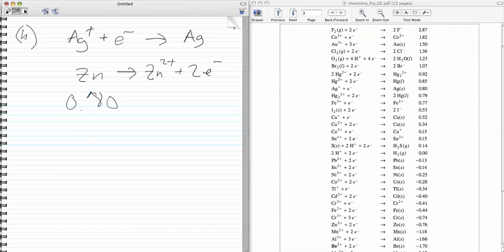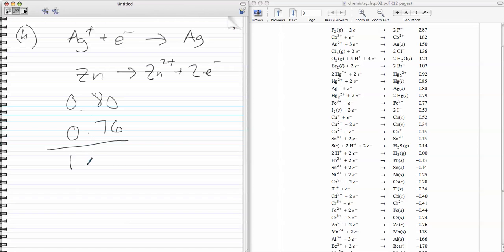And then the reduction potential for zinc is going to be negative 0.76, but we have to switch that around because it's being oxidized in this case, so it's going to be positive 0.76.